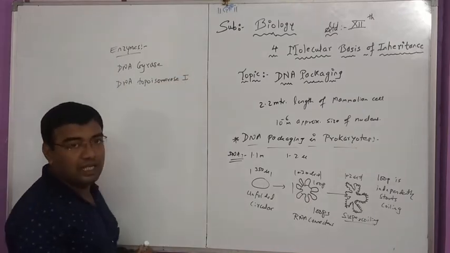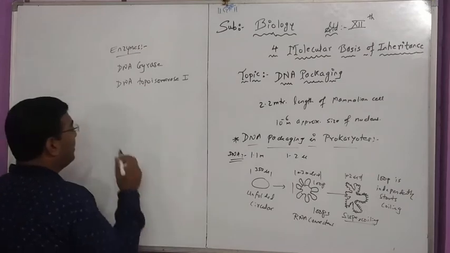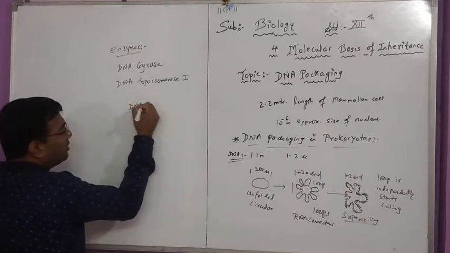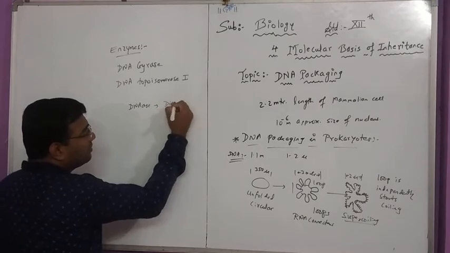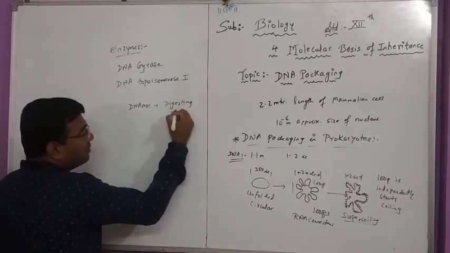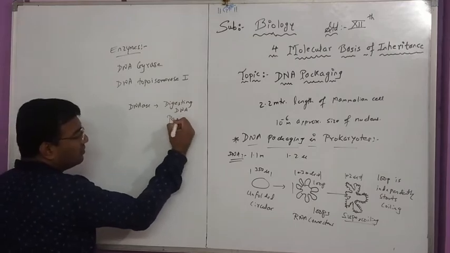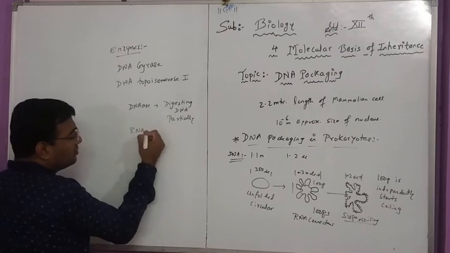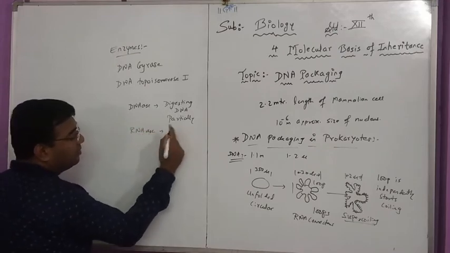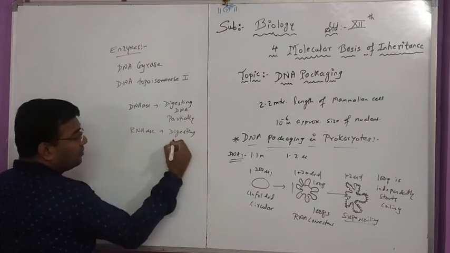These two enzymes help in the supercoiling method, and it is also assisted by the DNase enzyme, which is responsible for digesting the DNA partially, and second is RNase. RNase is also responsible for digesting partially.